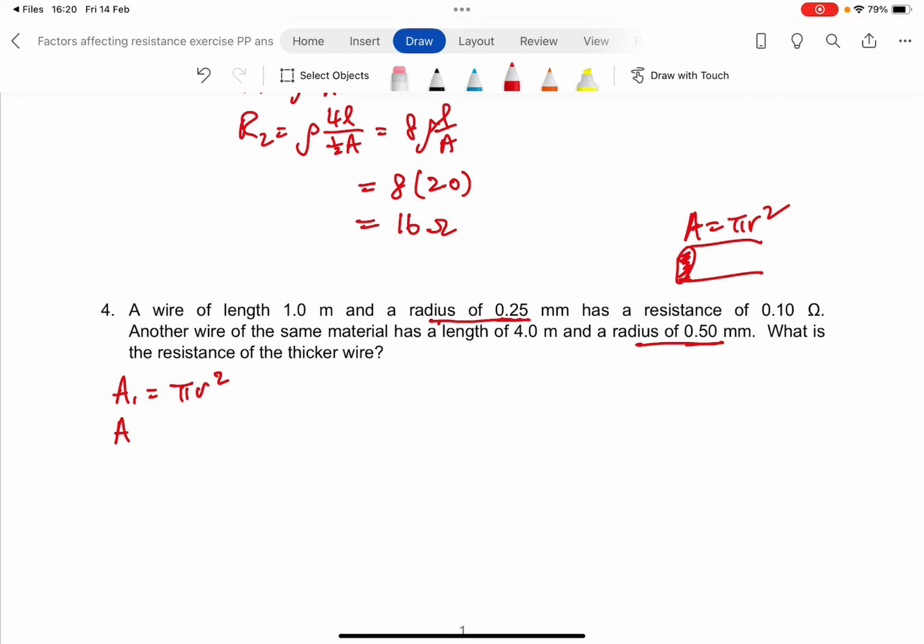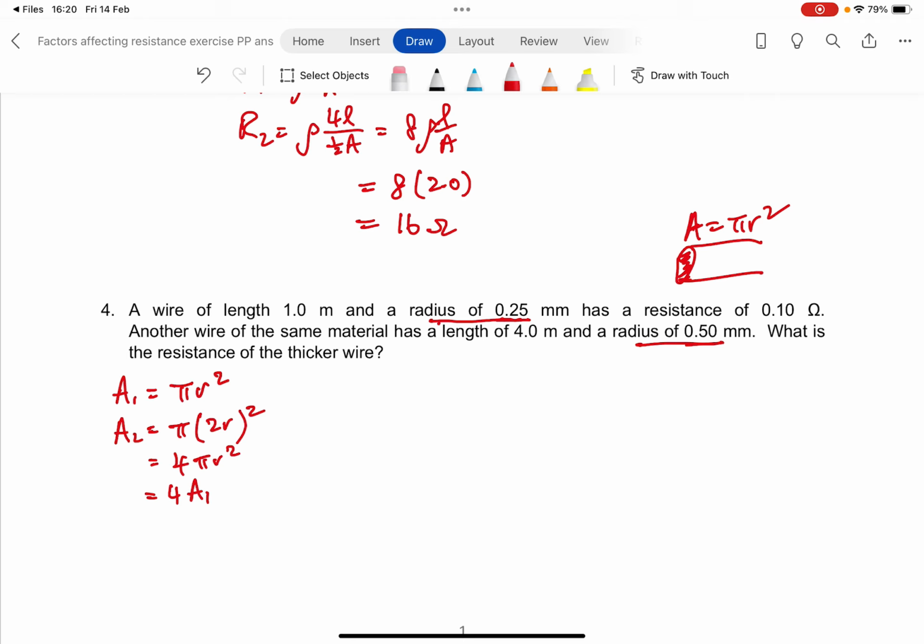So area 2 is pi times 2 times the radius, squared, which means it's equal to 4 pi r squared. So that means it's 4 times area 1. In other words, when the radius is doubled, the area is 4 times. All right?